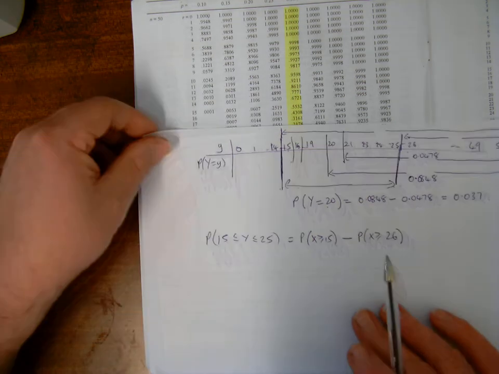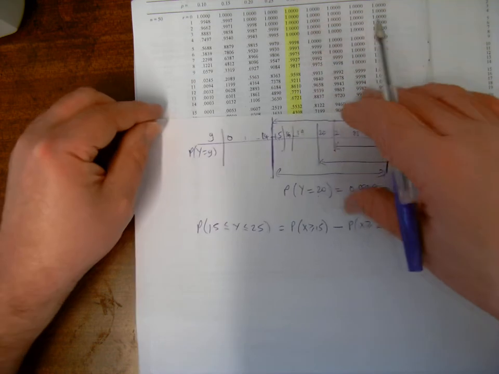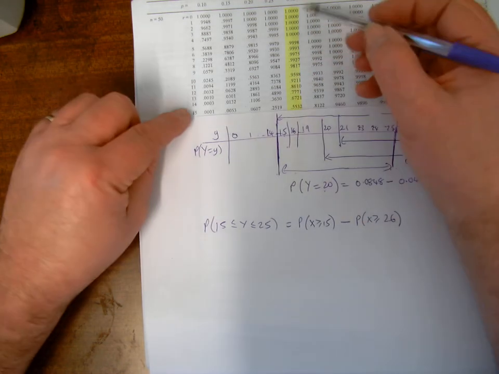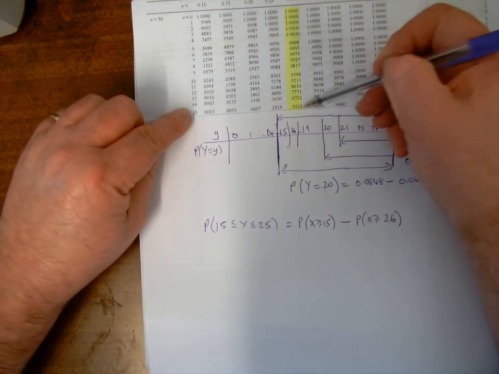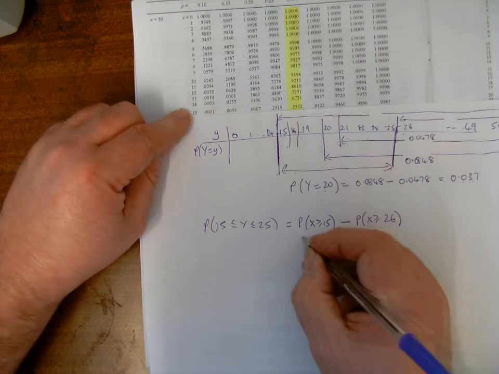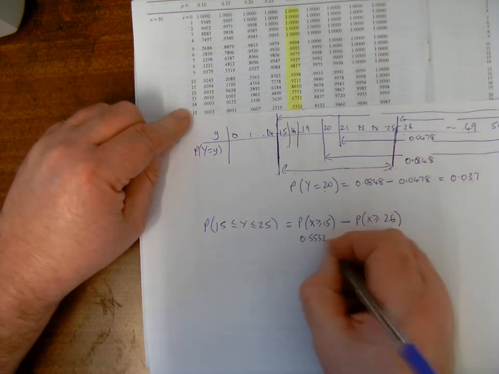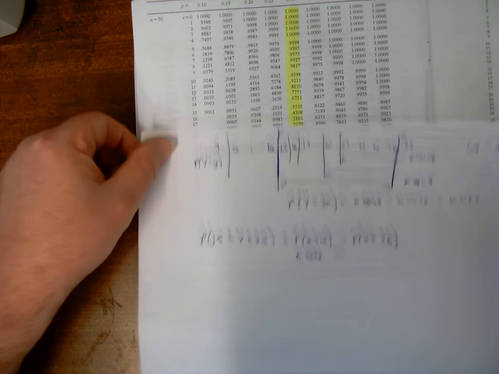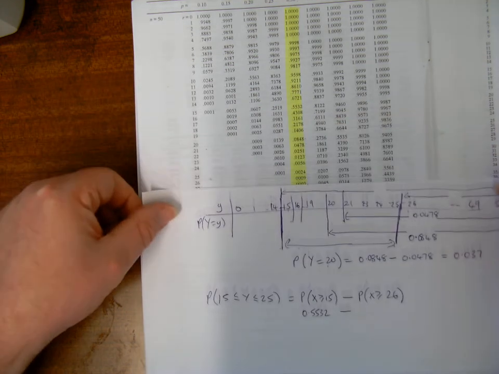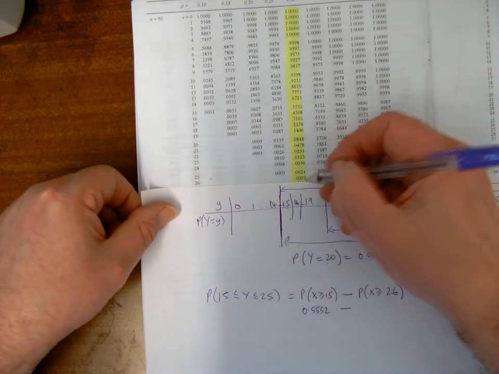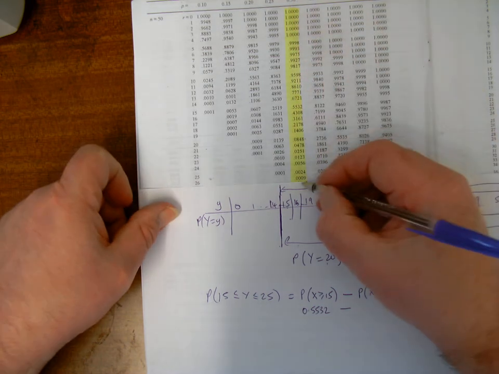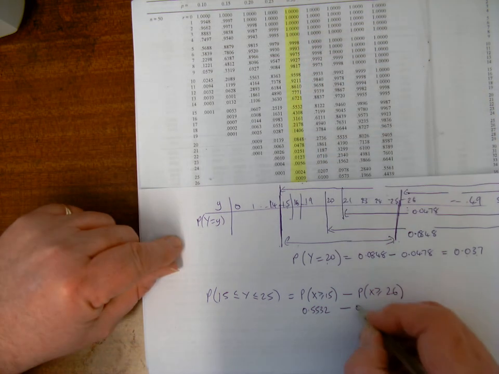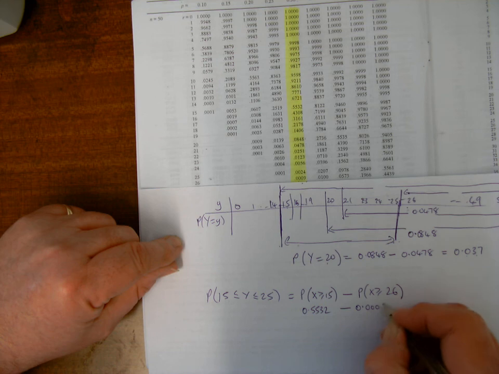So look at the table then. 15 is 0.5532. Take away up to 26, so coming down to 26, going across to my table, which I've highlighted, is 0.0009.